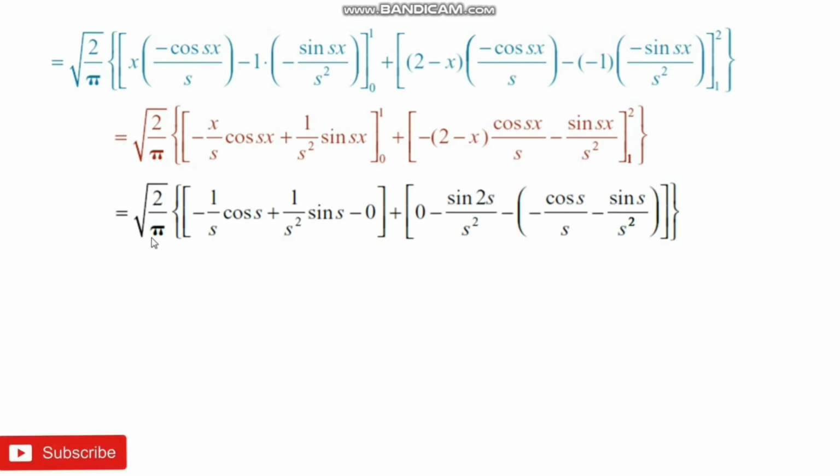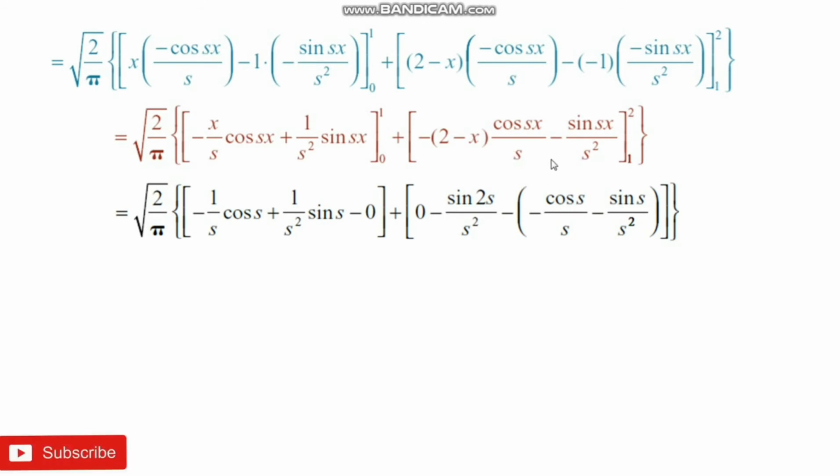Square root 2 by pi. When x is replaced with 1, we obtain the first two terms. When x is replaced with 0, the first term contains x, so obviously it is 0. The second term consists of sine sx, which also becomes 0. Plus, when x is replaced with 2, the first term becomes 0, and the second term is negative sine 2s by s square, negative.